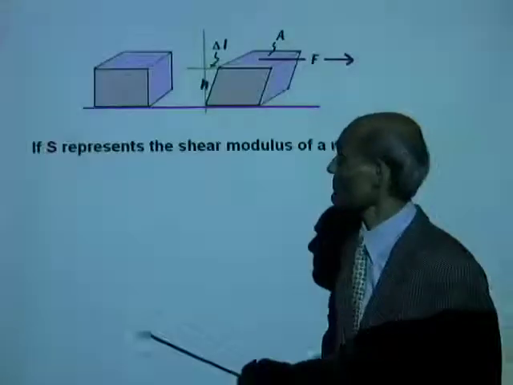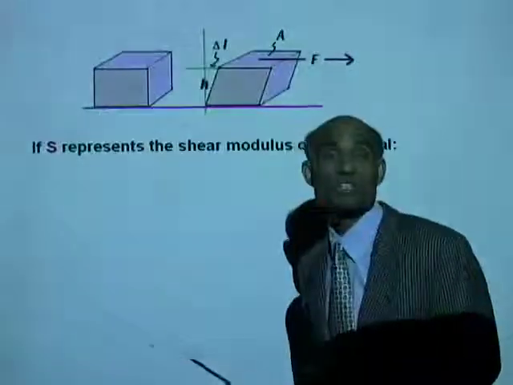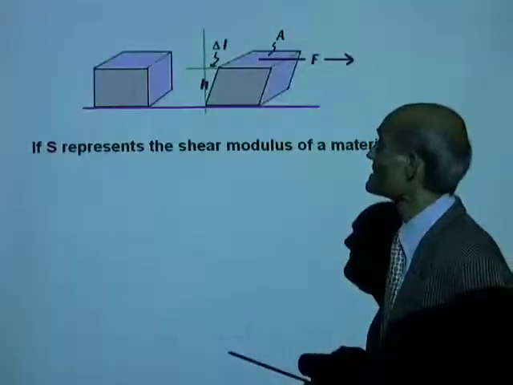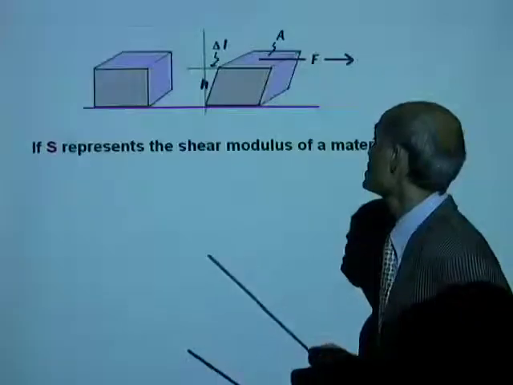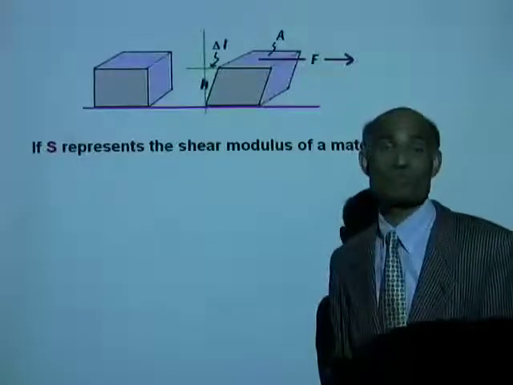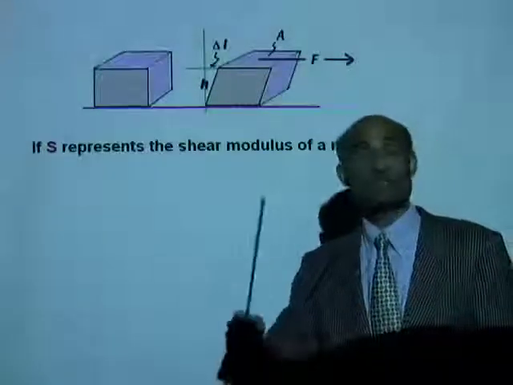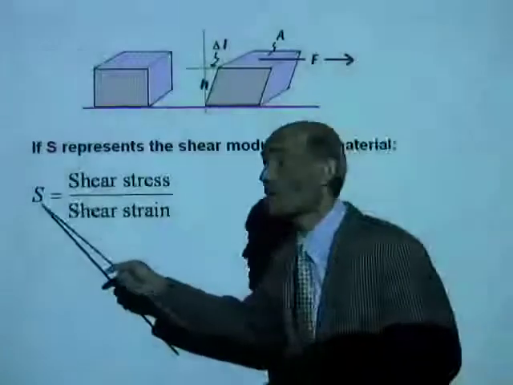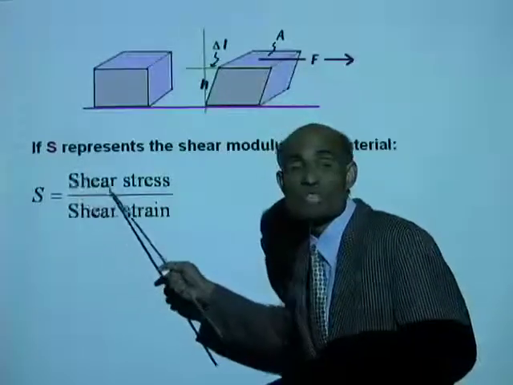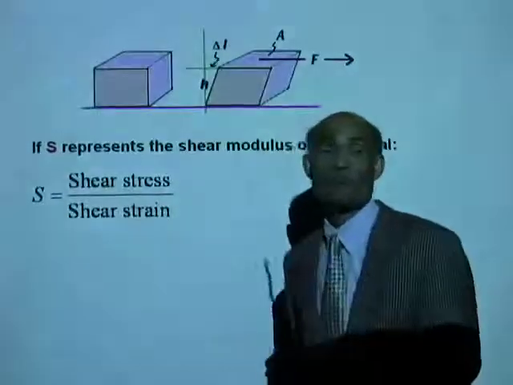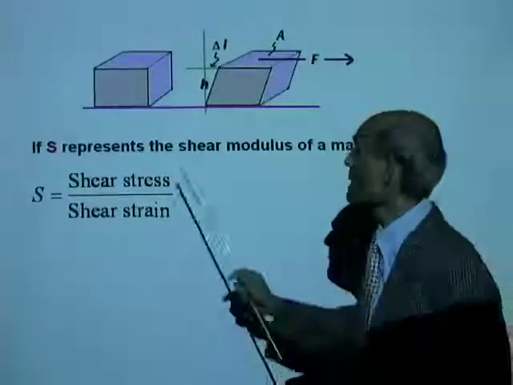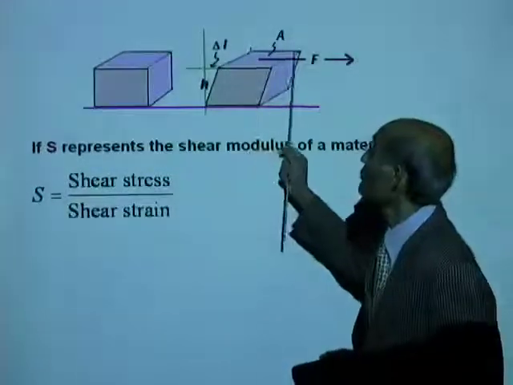Okay. We represent the shear modulus by S. S represents the shear modulus of the material, not the shear stress, shear modulus. So shear modulus equals shear stress divided by the shear strain. And what is the shear stress in this case?